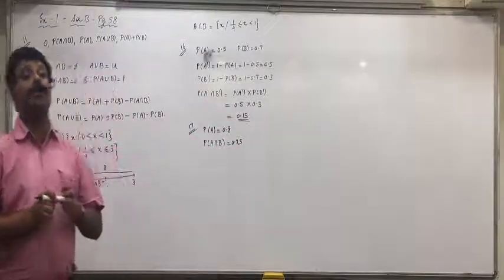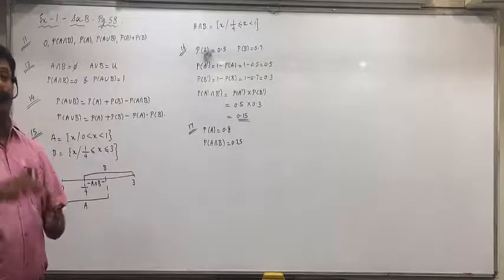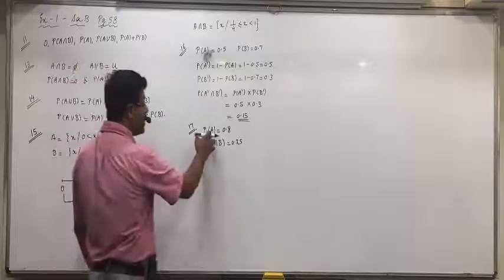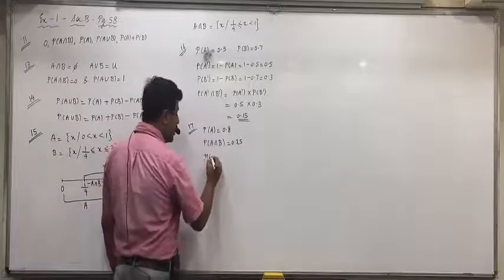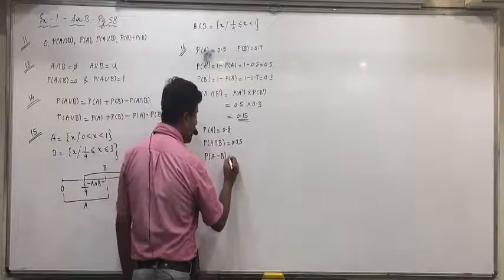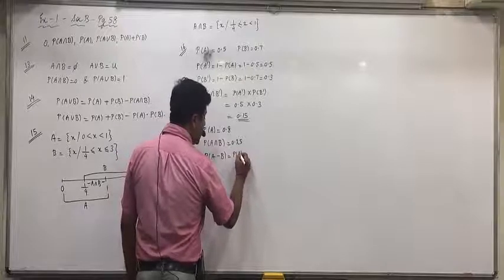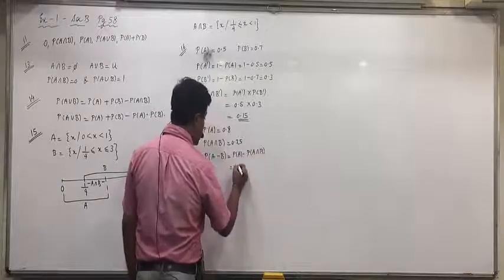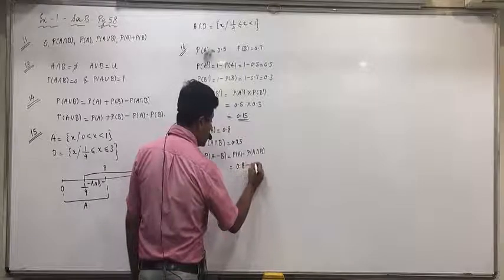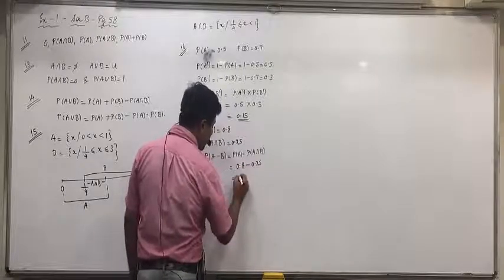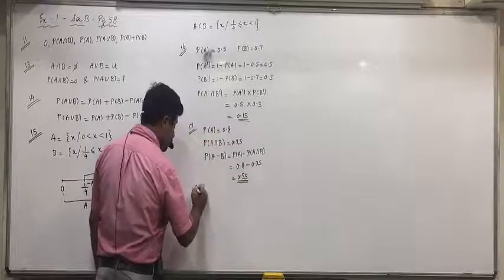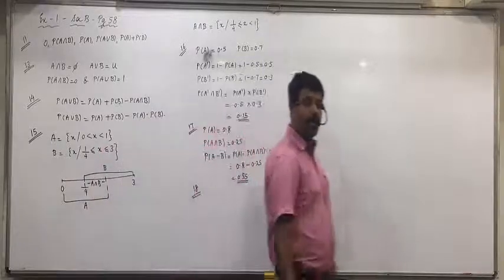P(A minus B) equals P(A) minus P(A intersection B). In the beginning of the chapter itself, I gave you all these formulas. 0.8 minus 0.25, 0.55. Got it, everyone?